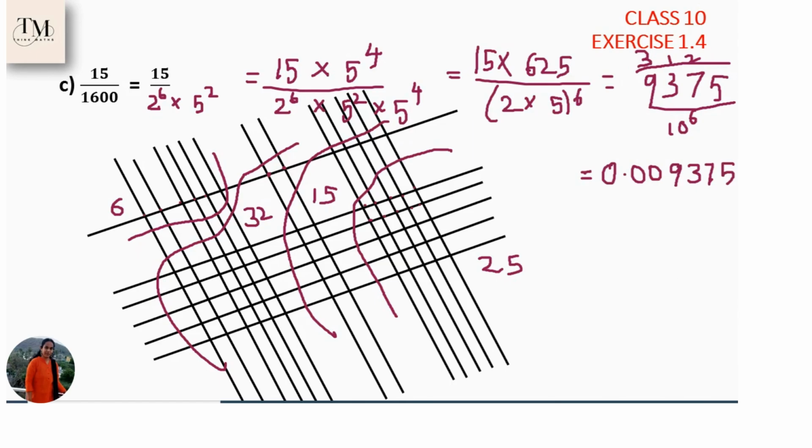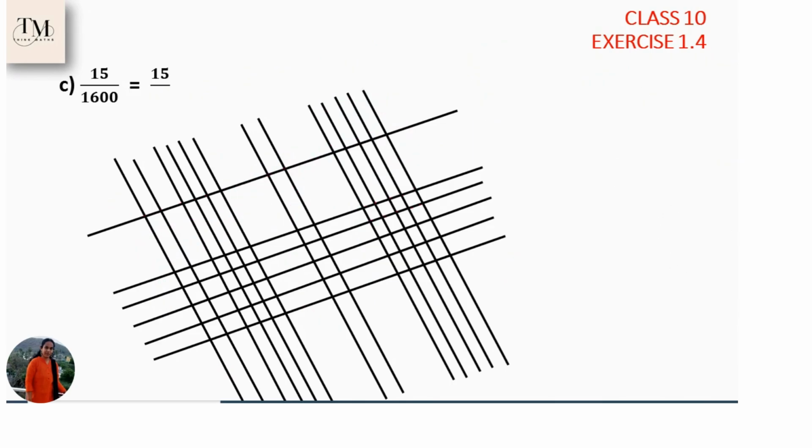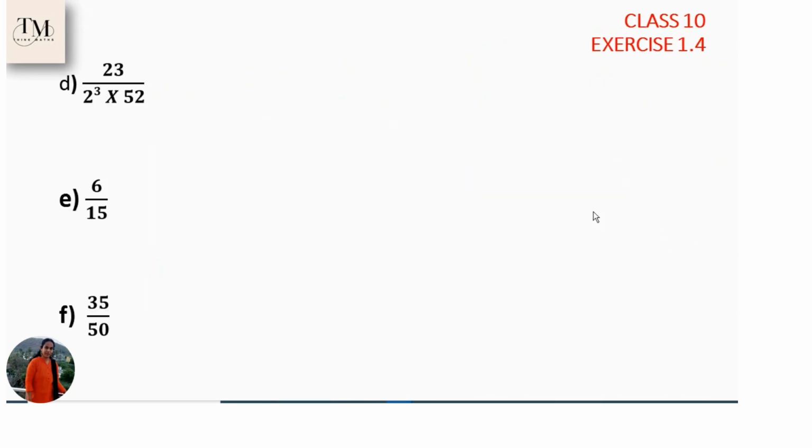Okay, so next problem. 23 divided by 2 power 3 into 5 power 2. Okay, so here this is not 52, it is 5 to the power 2. So they already factorized and gave us 2 power 3 into 5 power 2.